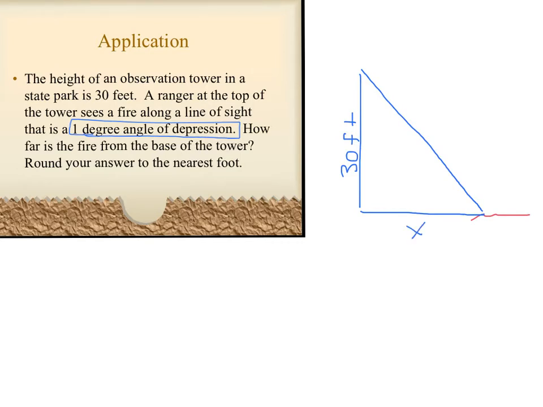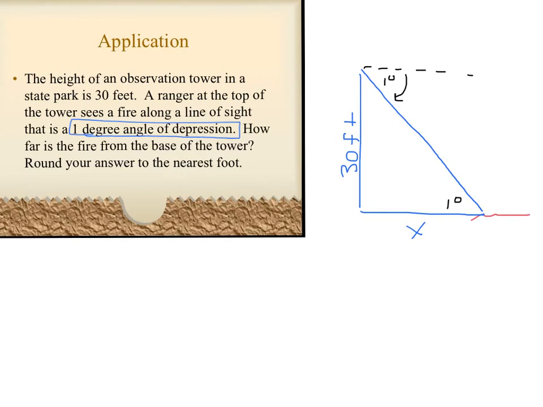That's x. This angle of depression is from the horizontal line down to the line of sight, and that is 1 degree. That makes this angle 1 degree too. They are congruent alternate interior angles: two parallel lines cut by a transversal.